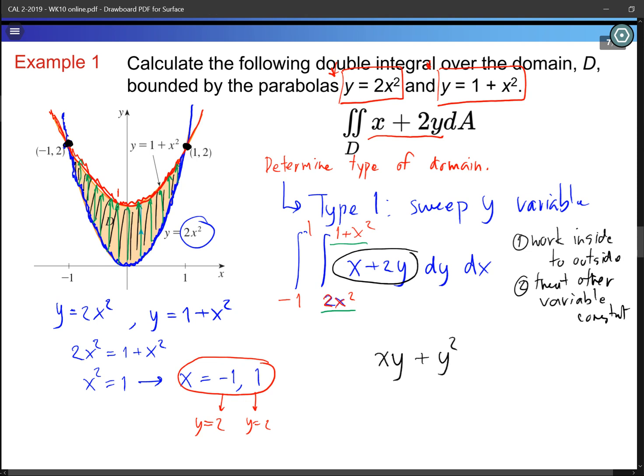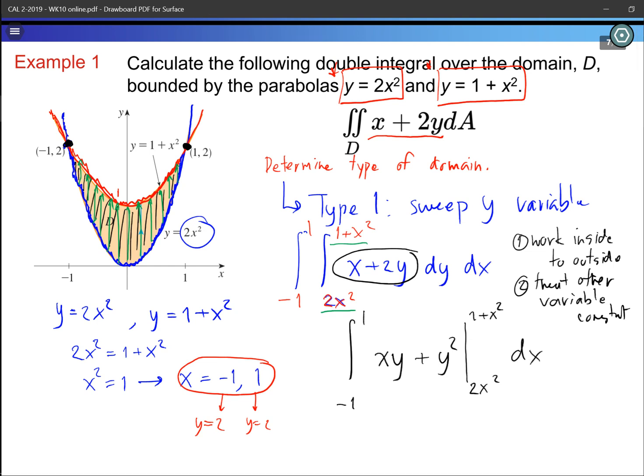Okay, so this has to be evaluated at 2 points, 2x squared and 1 plus x squared. Right, and the integration outside has to stay the same. Integrate from minus 1 to 1 with respect to x. So we are going to start from this and continue.